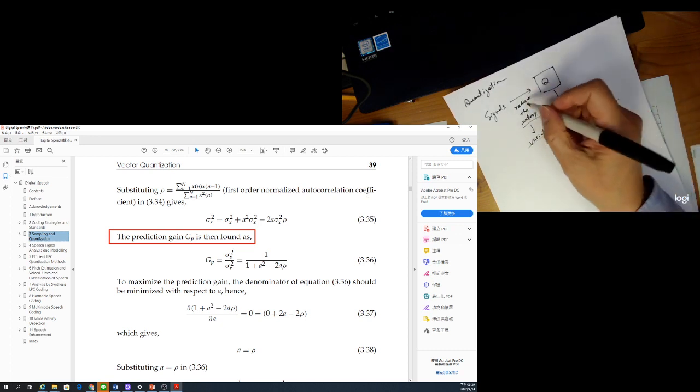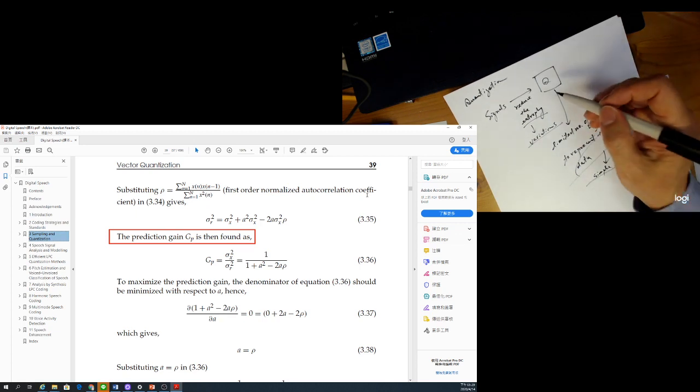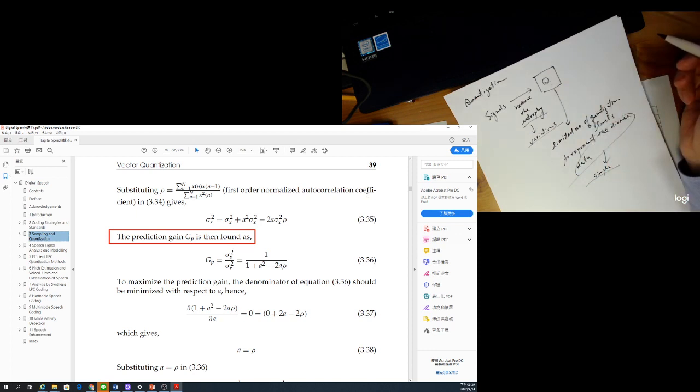So we do some pre-processing to make the diverse data a little bit simpler, not so diverse, which makes your quantization prediction gain better.